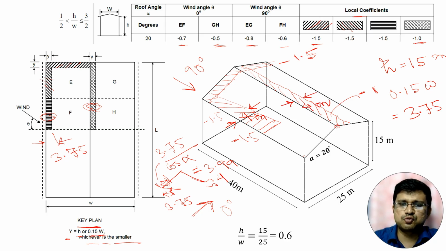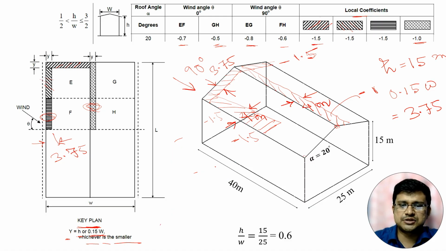But we do not have to consider that here, because for this particular local coefficient, the plan length and this length are actually the same. So here it will be 3.75. But for these two cases, it will be 4 meter and 4 meter, because if we consider the projection in plan, this projection will be 3.75, but this length is 4.